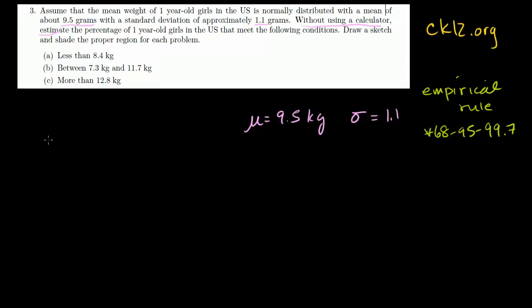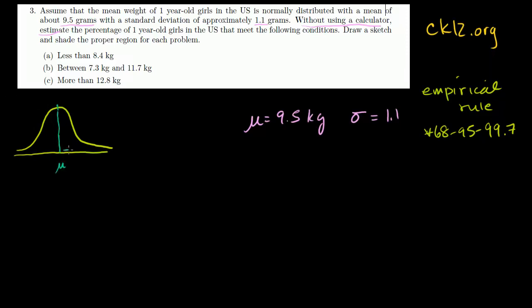What that tells us is, if we have a normal distribution, and I'll do a bit of a review before we jump into this problem, let me draw a normal distribution. It looks like that. I didn't draw it perfectly, but you get the idea. It should be symmetrical. This is our mean right there.